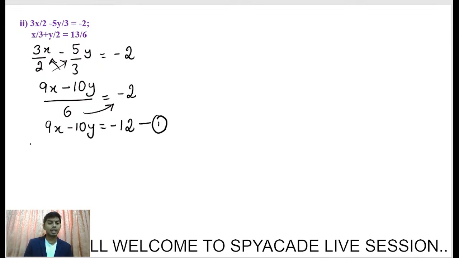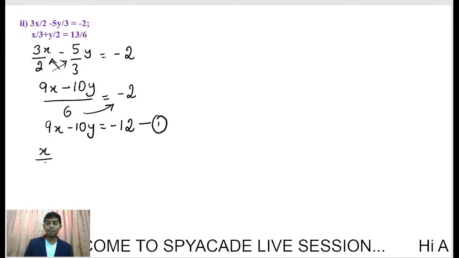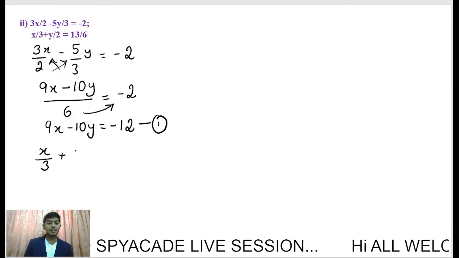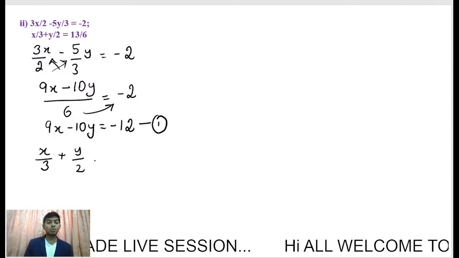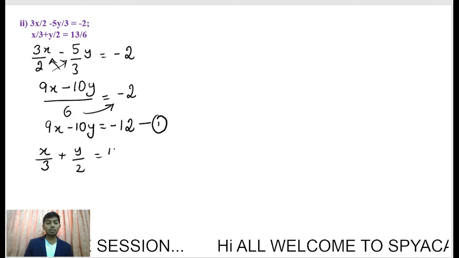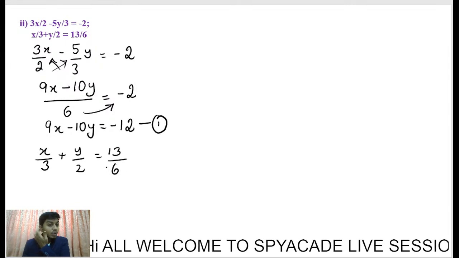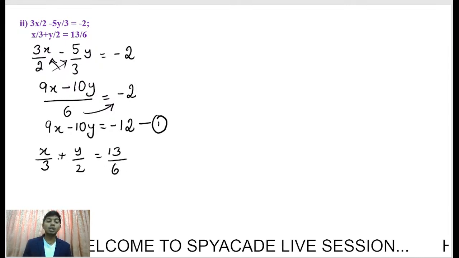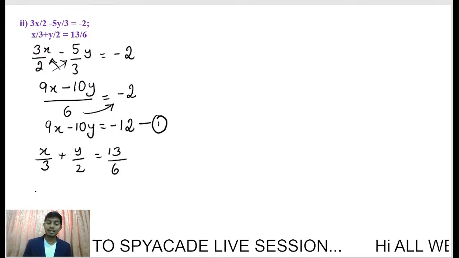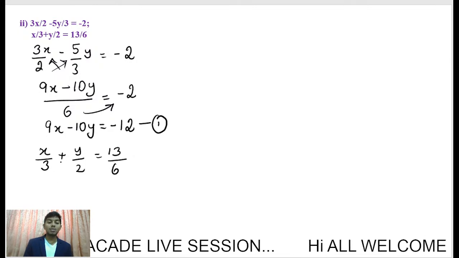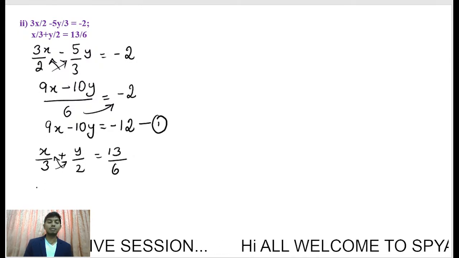Next equation. x by 3 plus y by 2 is equal to 13 by 6. So what you have to do? Same way, you have to find the LCM. So you are multiplying this 2 here and 3 here.